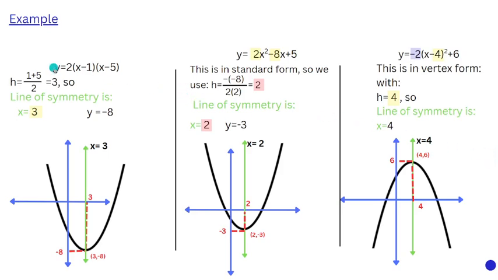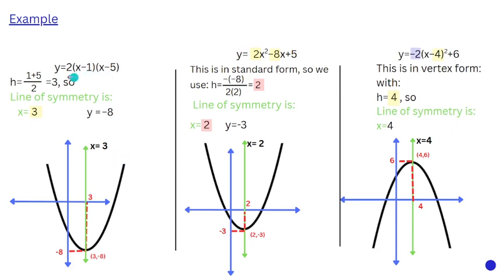Example: y equals 2 times quantity x minus 1 times quantity x minus 5. We have here 2, it's positive, so of course the parabola opens upward.